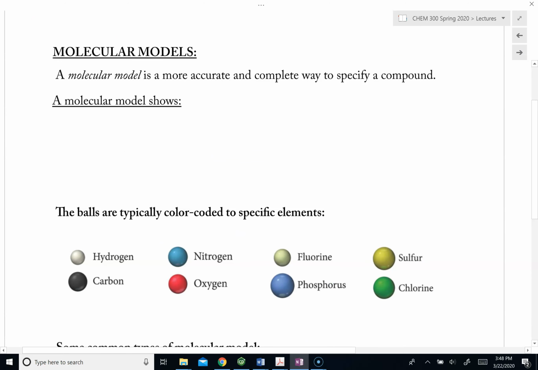Another way to represent the chemical formula of a substance is by using a molecular model. A molecular model is a more accurate and more complete way of specifying a molecule. It shows the connectivity of atoms, and it also tells us the types of bonds that are present.